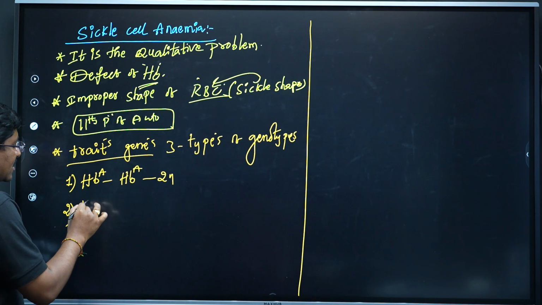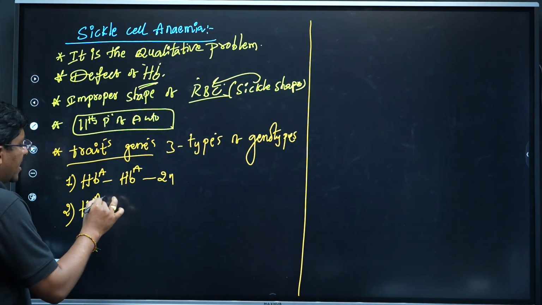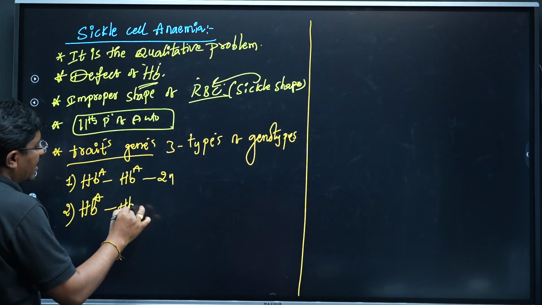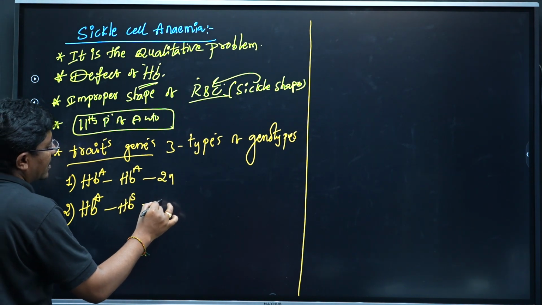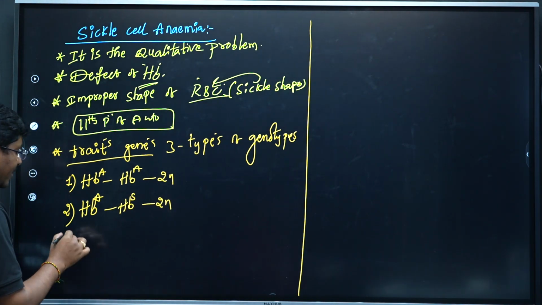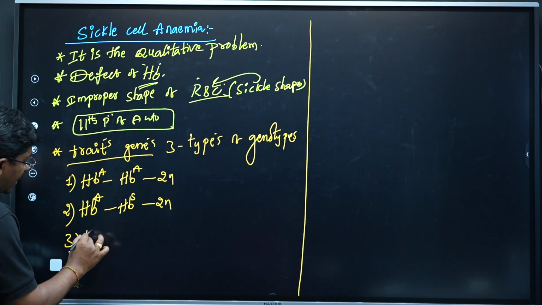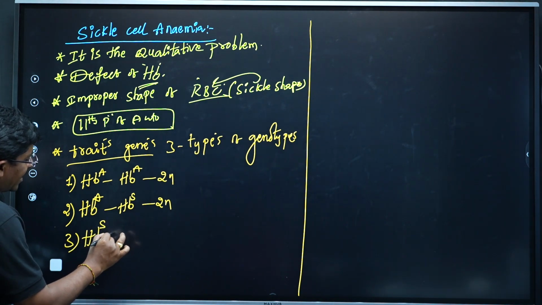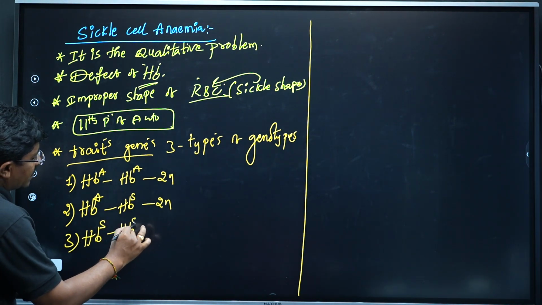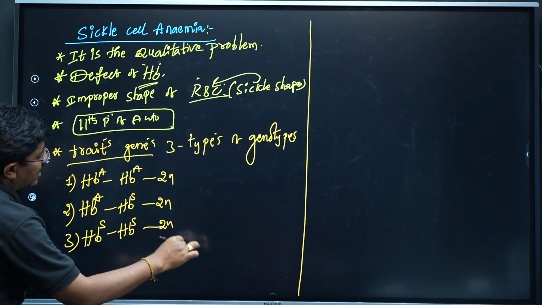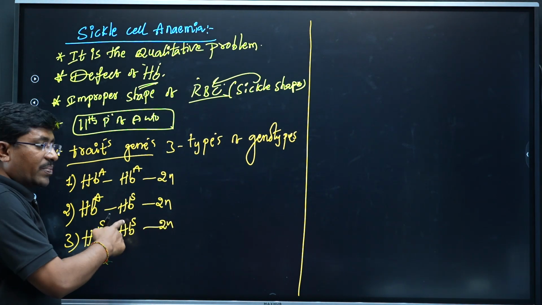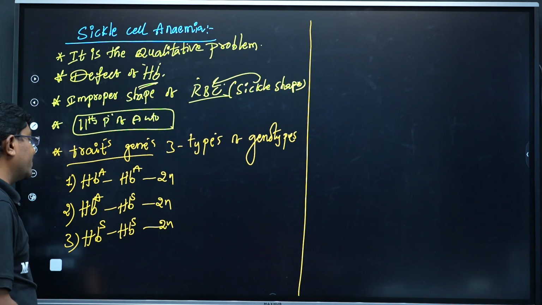The second one is HBA and HBS, also diploid. And the third one is HBS and HBS, also diploid in a complete adult human being.